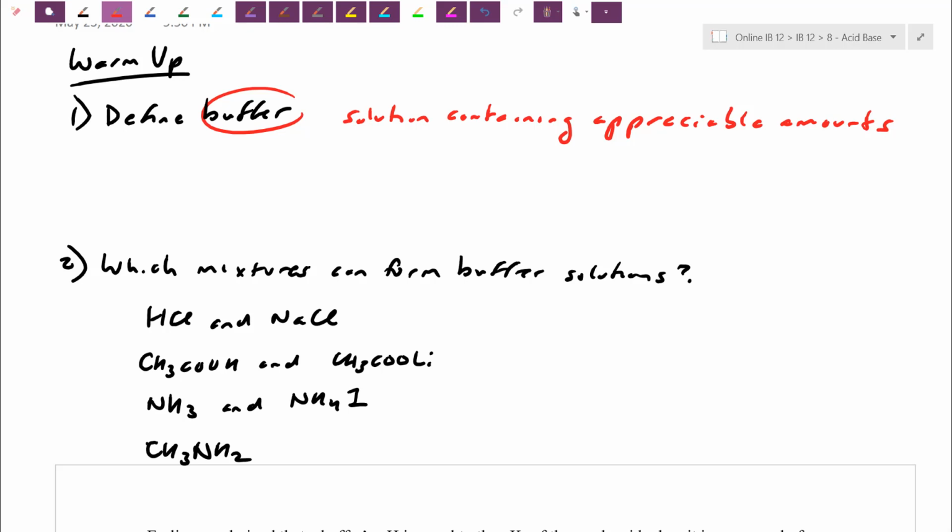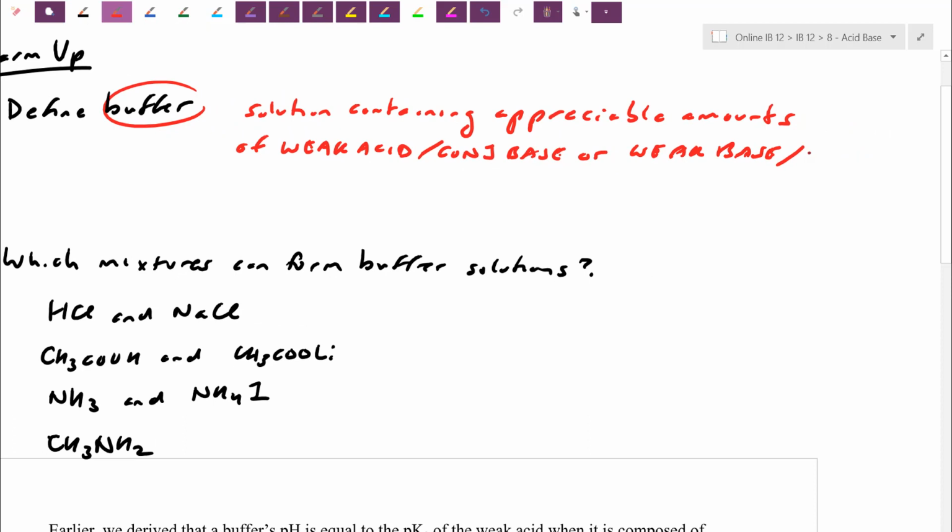So it's a solution containing appreciable amounts of either a weak acid, and we've artificially beefed up our conjugate base, or we can have a weak base, and we're going to beef up our conjugate acid. Those are the two ways I can end up making a buffer system.